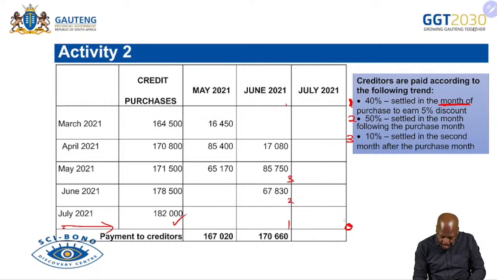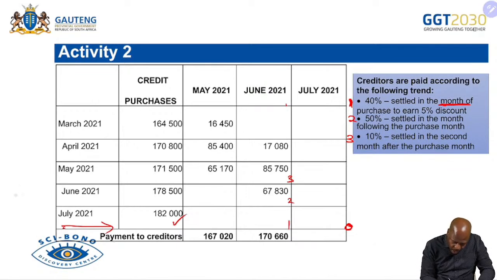I pay it in July. So that simply means I'm going to say 182,000 multiplied by 40%, and then also multiplied by 95%.